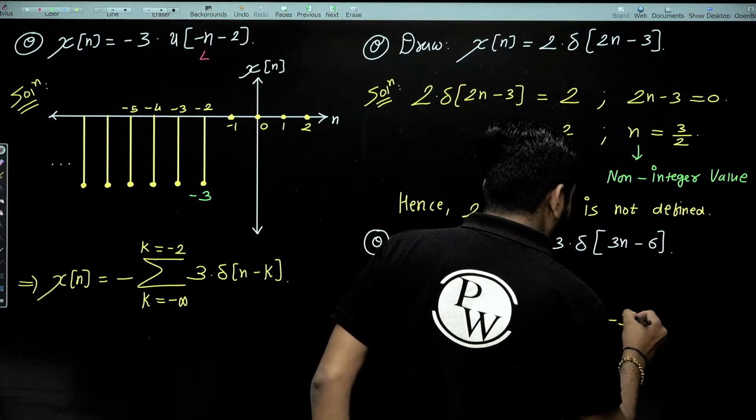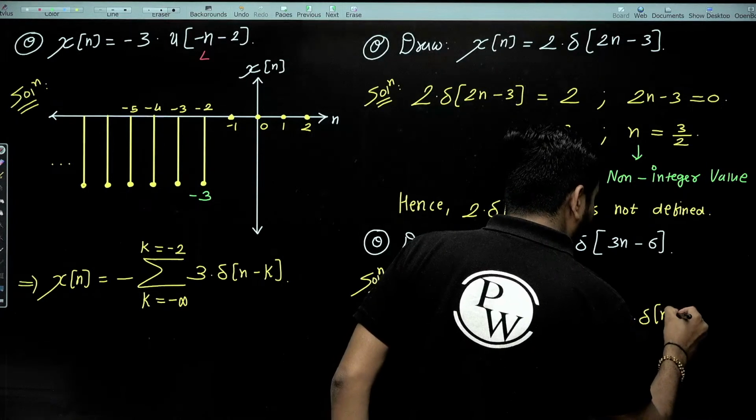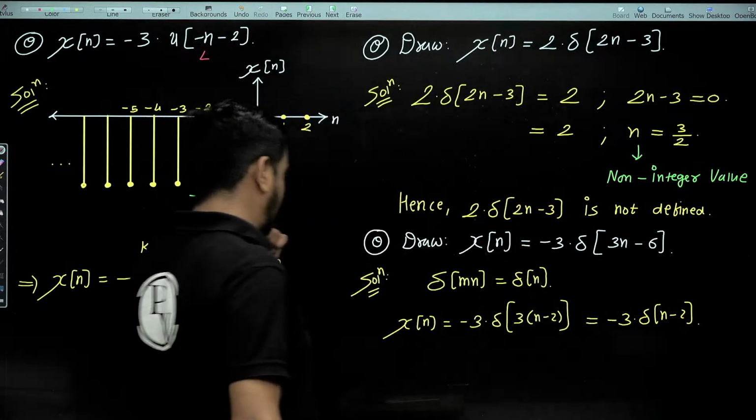According to this property, this is minus 3 del of n minus 2, guys. You getting?